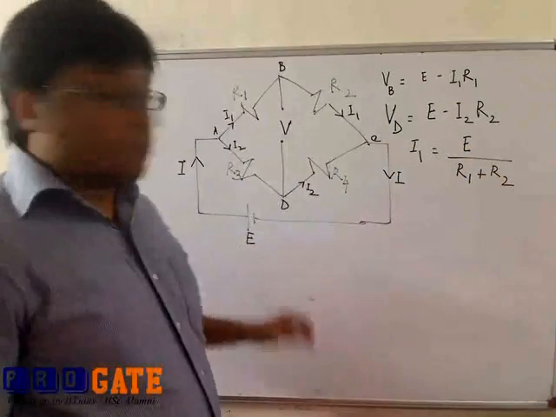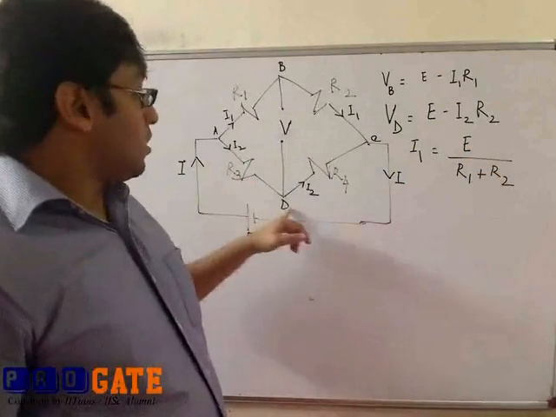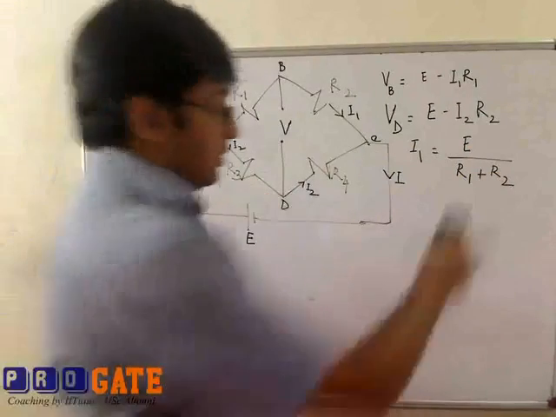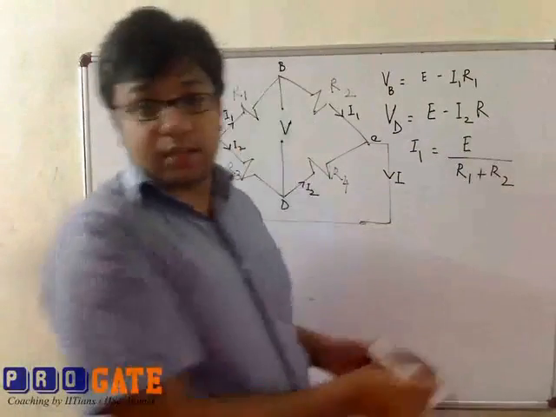I'm sorry, the voltage at node VD would be E minus I2 R3. Please make this correction.